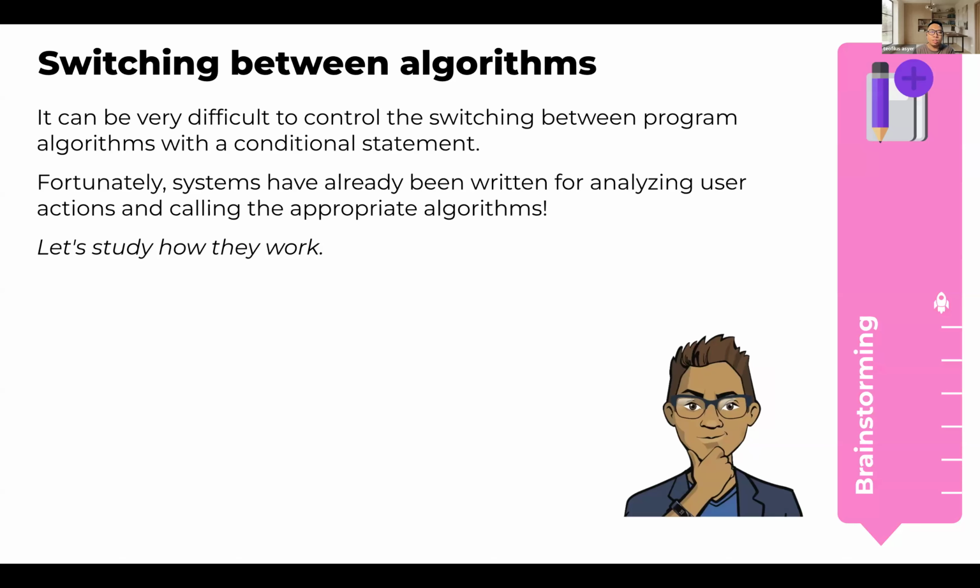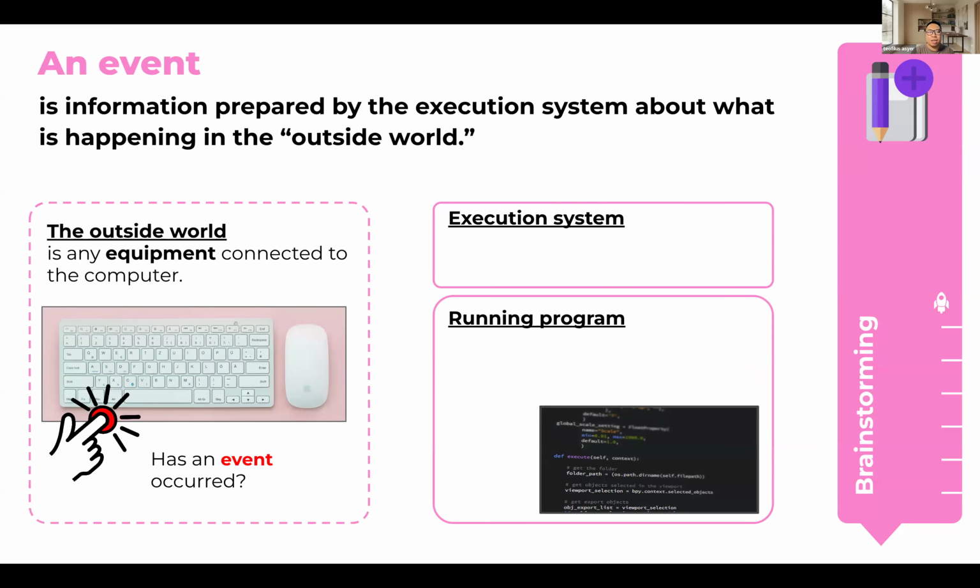If you see here, the formal definition says that an event is information prepared by the execution system about what is happening in the outside world. If you read this kind of definition, it may be a little confusing, right? Is it confusing for you?